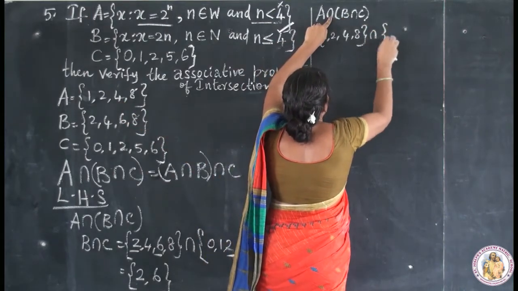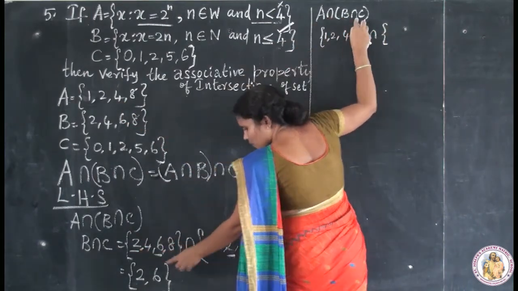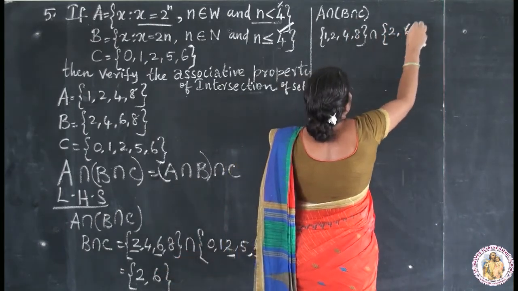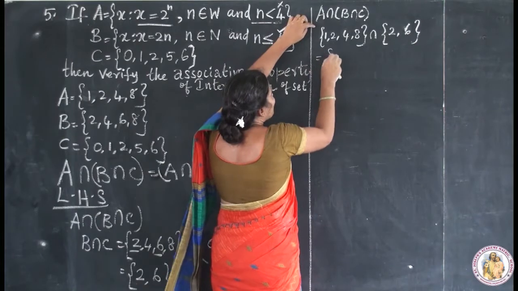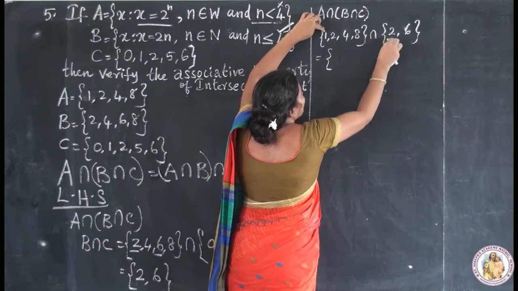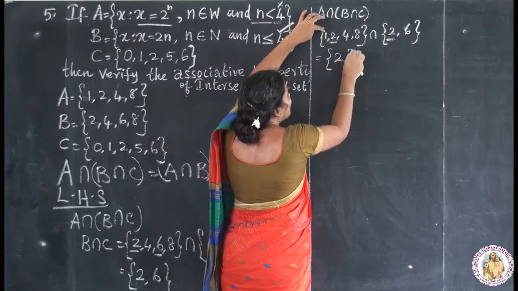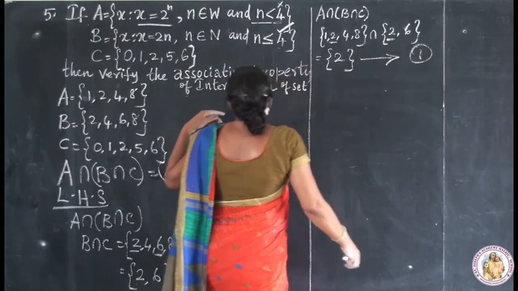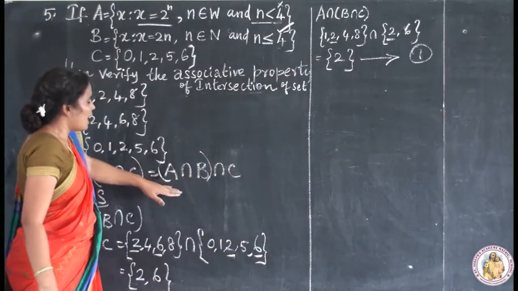Intersection B intersection C, for which we got 2, 6. So write only the common element, that is we have only 2. Taking this as 1.